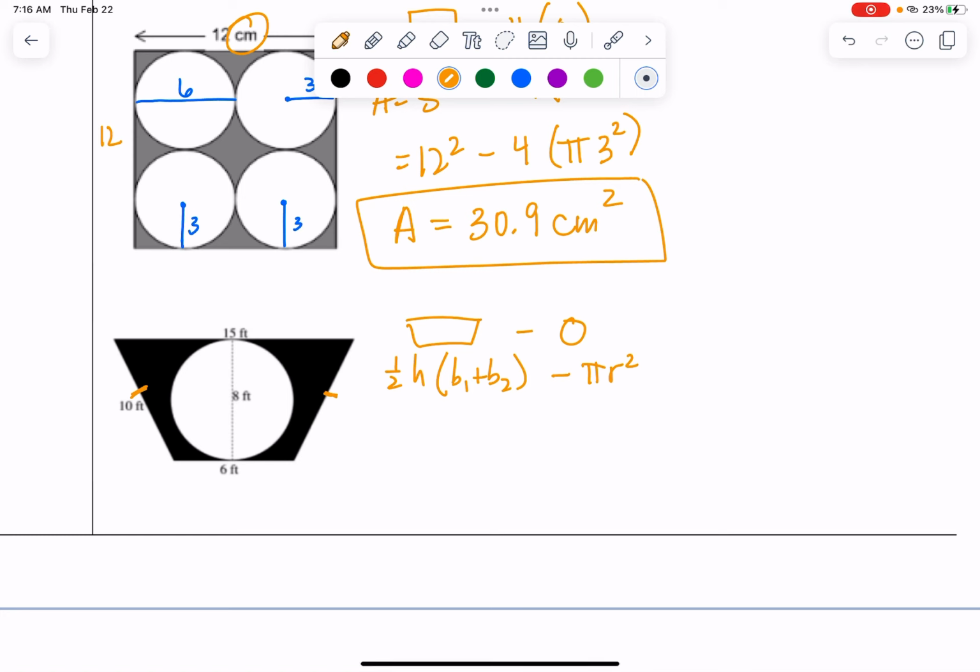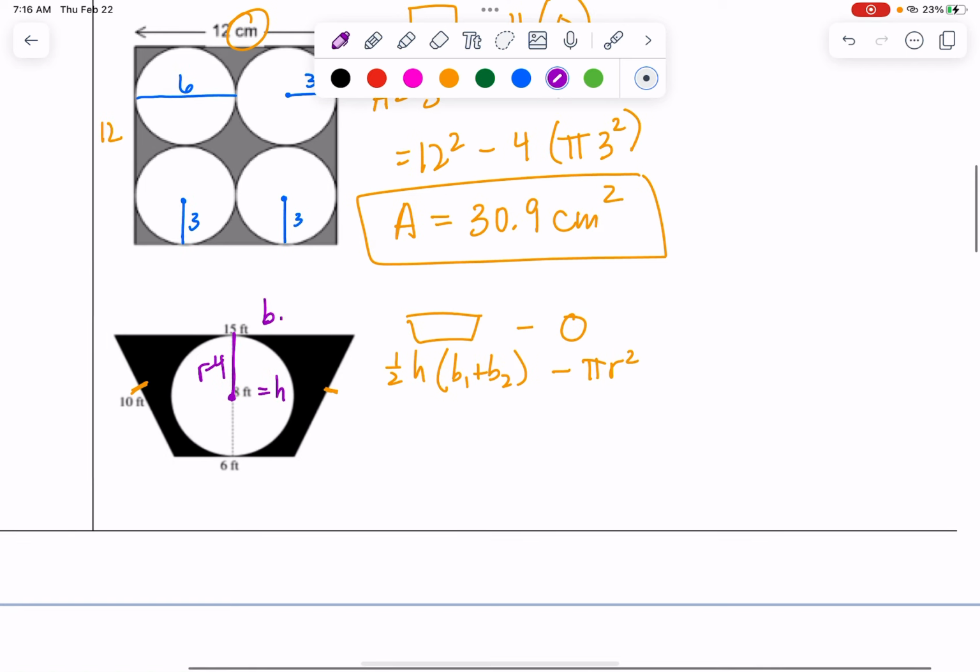So we start labeling some things. My radius is 4. My height is 8. Base 1 and base 2 are the 6 and the 15. The 10 is called a slant height. That's not important for us right now.